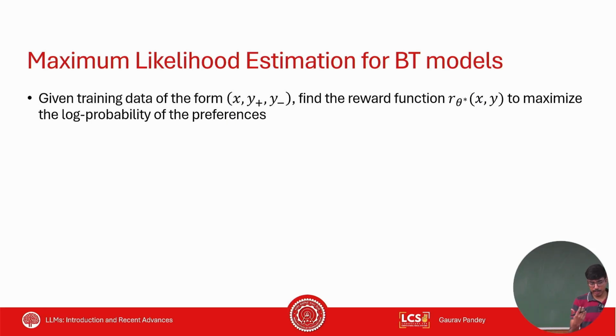So first you define your likelihood function. What is your likelihood, L theta? For one triplet, what will be the likelihood? Let's write that, and then we will write the likelihood for the entire data set. If you are given only one triplet under the preference model, what is the likelihood?